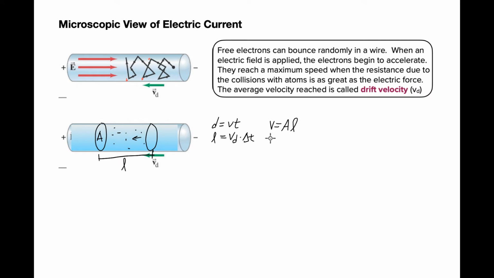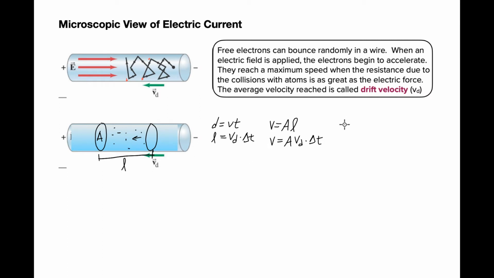Now we can rewrite that: volume equals area times, since we have defined the length, the drift velocity times that delta T. We're getting a little closer. So we know what kind of volume we would have, and in this volume we have some amount of electron density. There's a certain amount of electrons in there, and so we are going to define that as well.